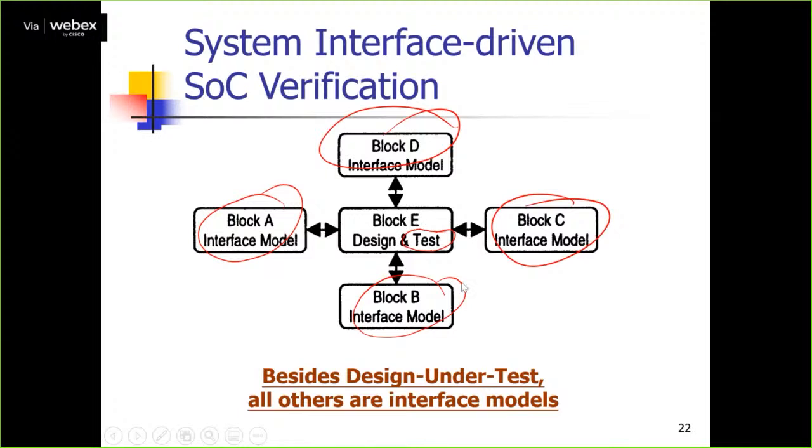These blocks A, B, C, D may or may not be tested. If tested, block E will be validated. Otherwise, block E will be verified after testing these interface models. Then block E goes through equivalence checking and is validated for those values.